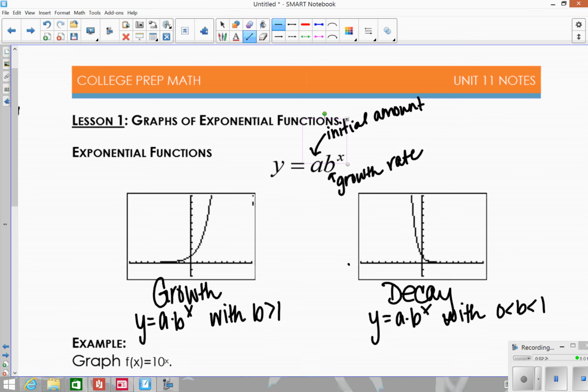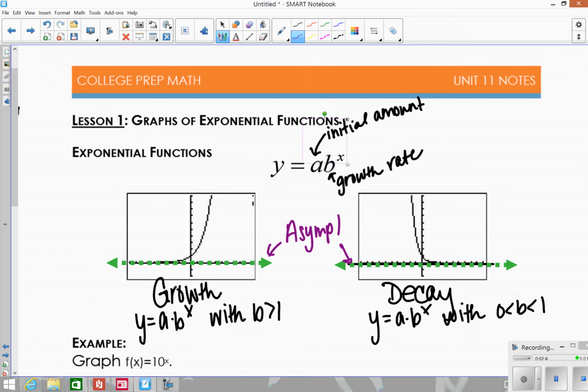So this here and this here are going to be your asymptotes, because if you look, both graphs get really, really close to that line, but they're not actually going to ever cross it. So both of these have asymptotes at y equals 0. You can't really see it, but they're getting really, really close to that, but they won't actually ever cross it.